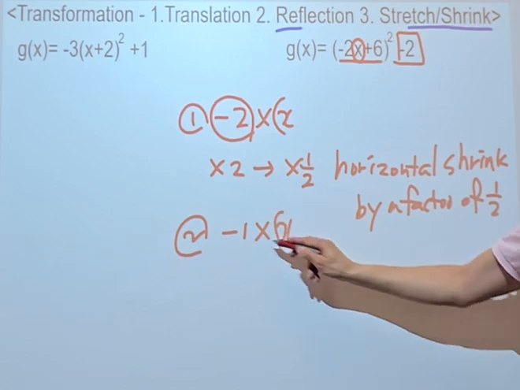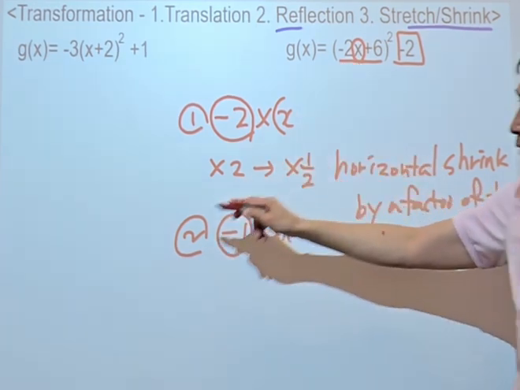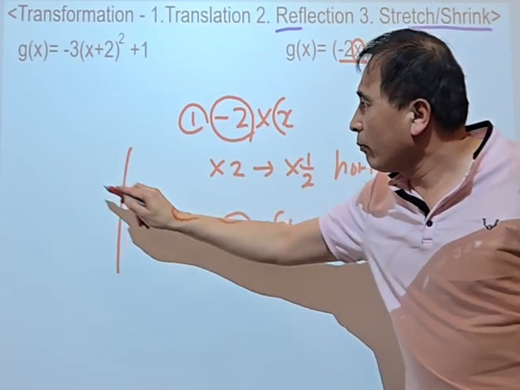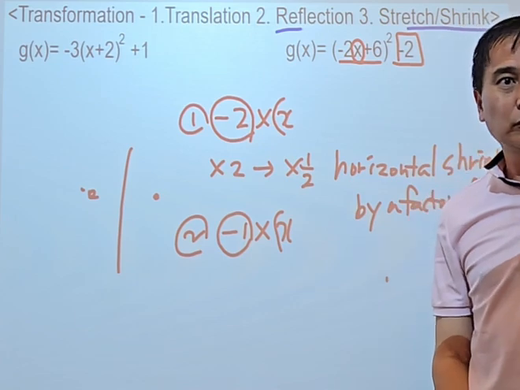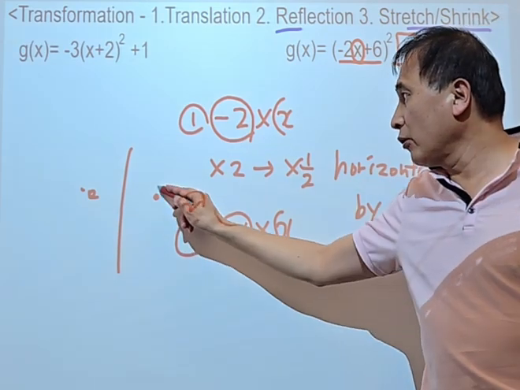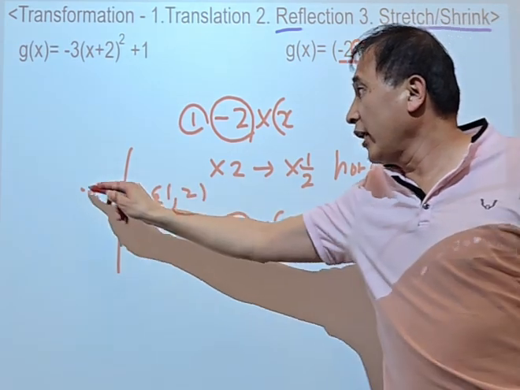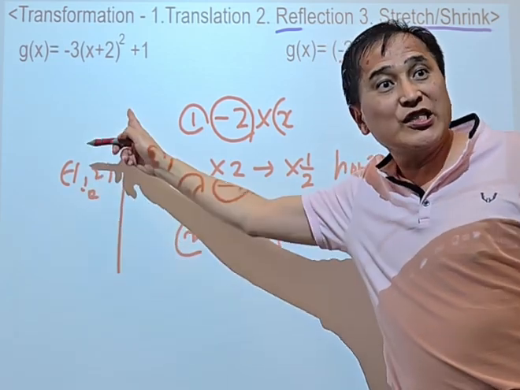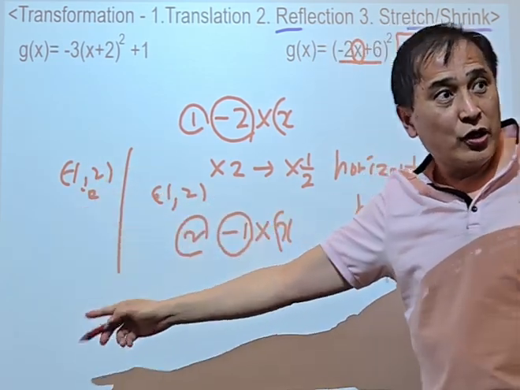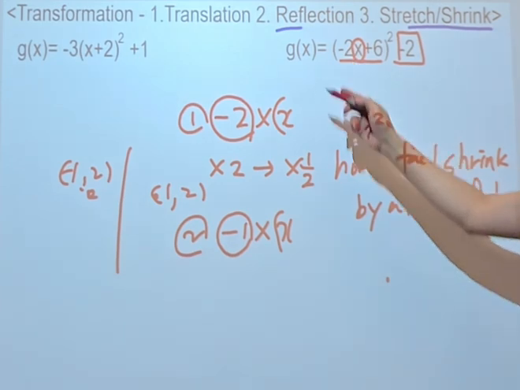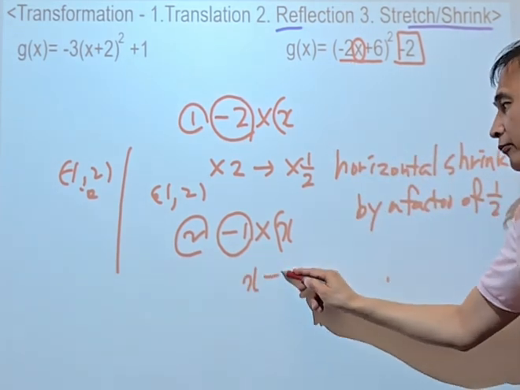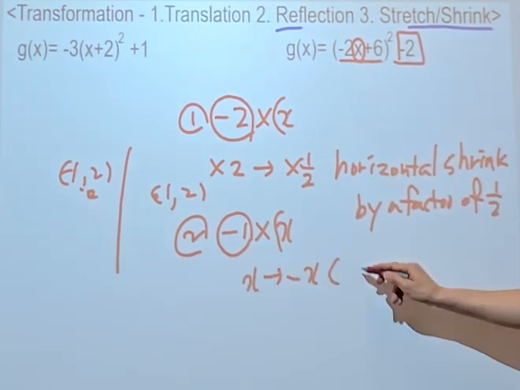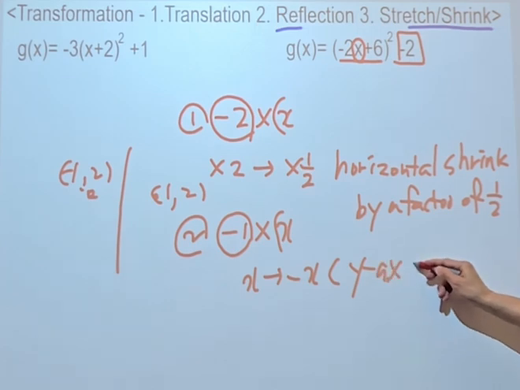Negative inside means the x value becomes the negative x value. Everybody got it? So x equals 1, 2 becomes negative 1, 2. The x value becoming its opposite means y-axis reflection.